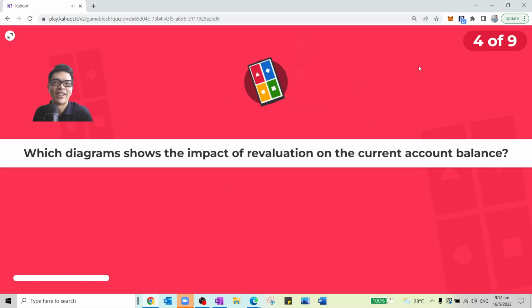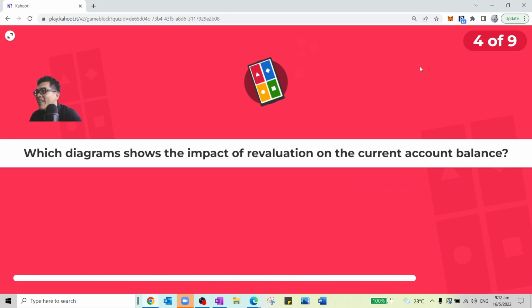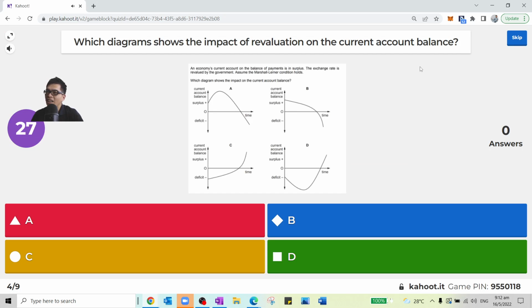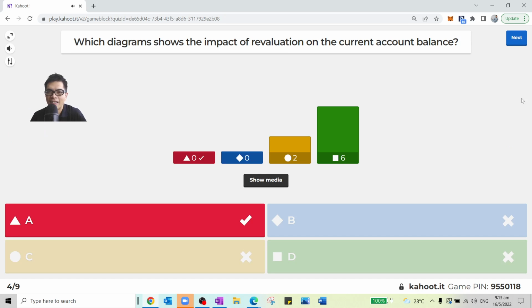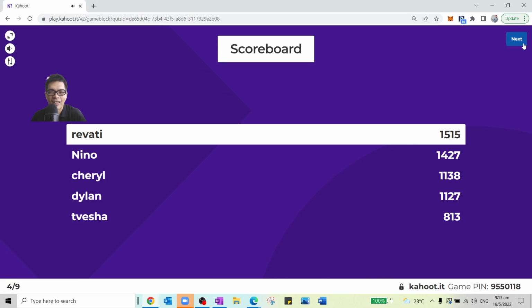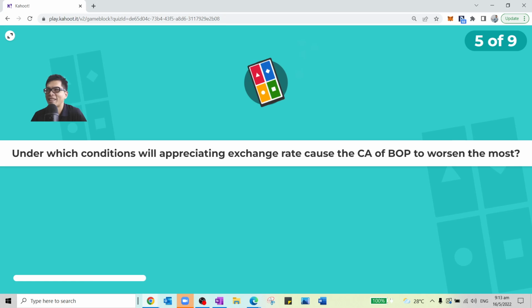But for those who can read, well done. Okay, this one massacred. Decimation.